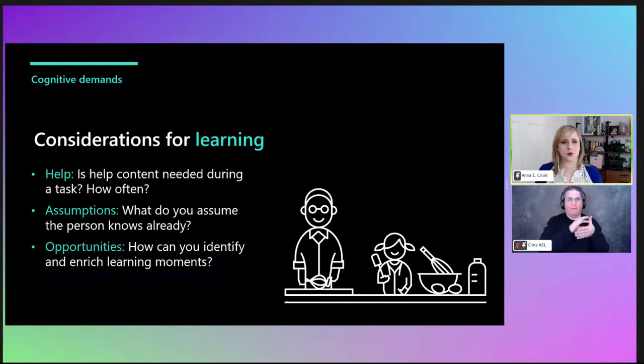We also need to consider what assumptions are made by experts in a product about what is known when someone new is learning. And it's also important to consider how technology can support and enrich learning moments and what role it plays in facilitating a good experience.